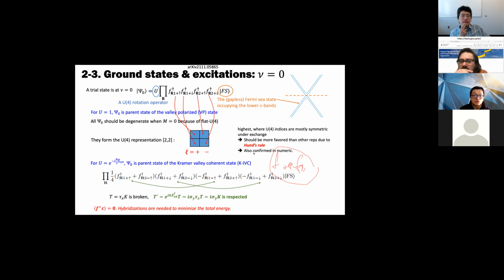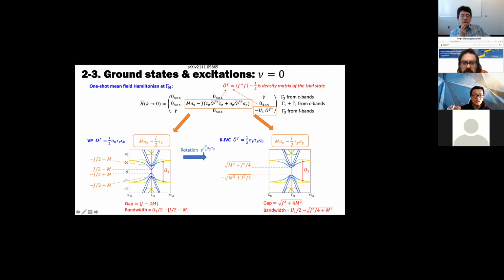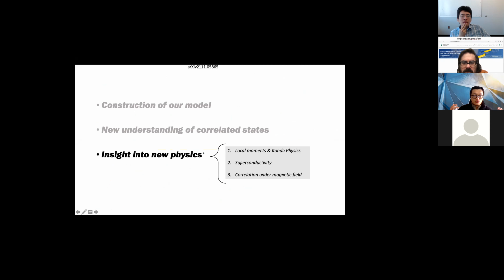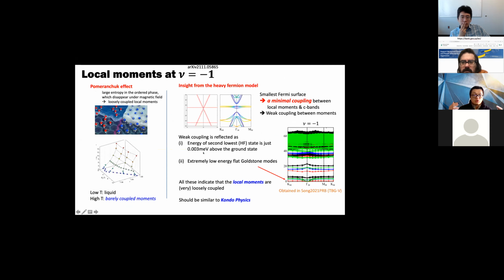Okay. So going back to the first question, I just want to confirm. Based on your theory, should I really think of the Bistritzer-MacDonald band structure as a consequence of those spins coupled to electrons, if I use the heavy fermion language?